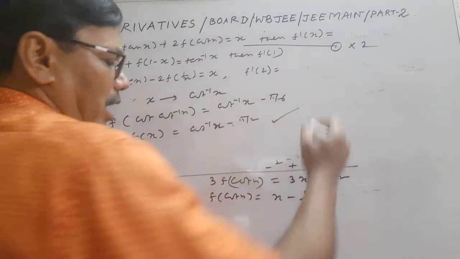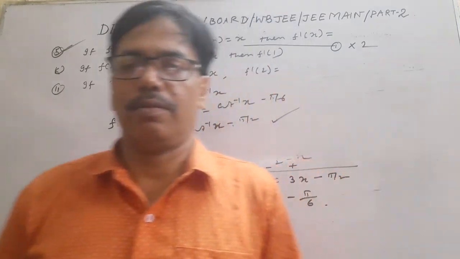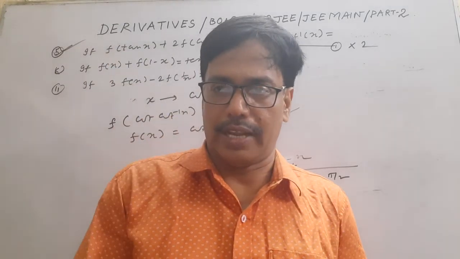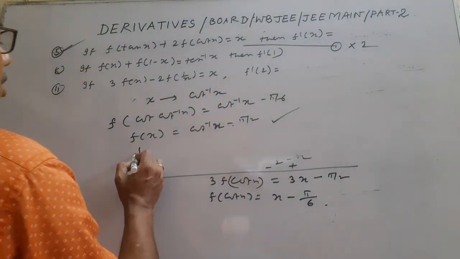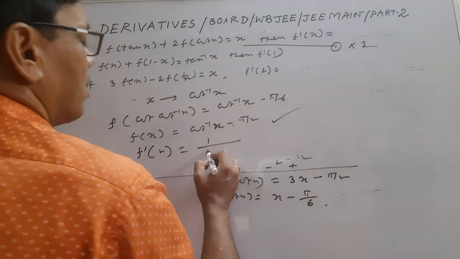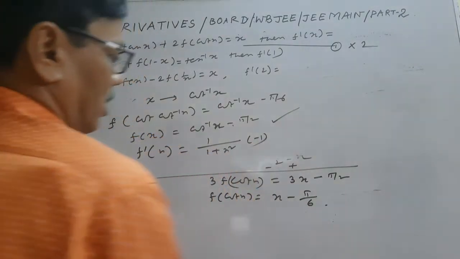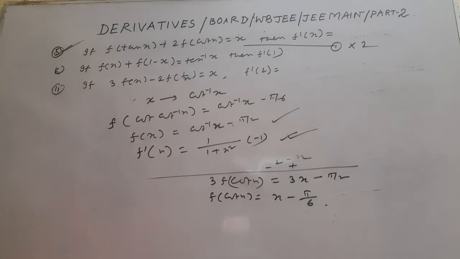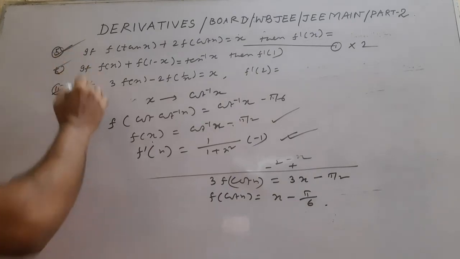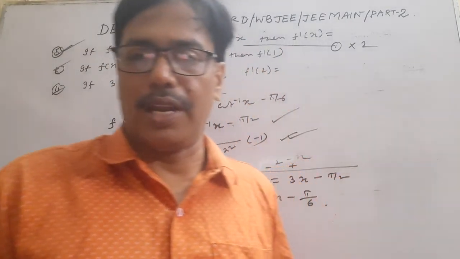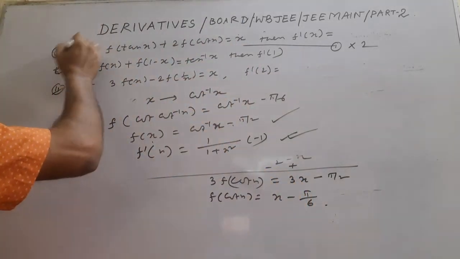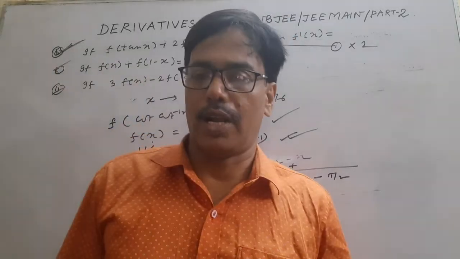We suppose that x belongs to the principal value. That is why cot inverse cot x is x. Now what is f dash x? F dash x is minus 1 by 1 plus x square, and derivative of pi by 6 is 0. So this is f dash x. So 6 and 11 are of same type. Find fx, then perform derivative. So this is a most important problem of IIT.